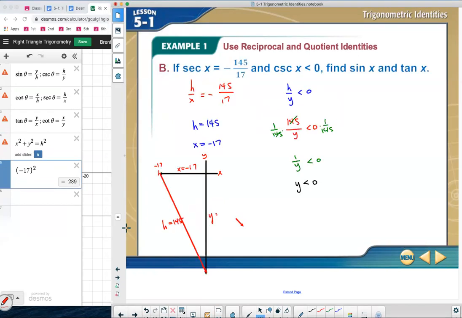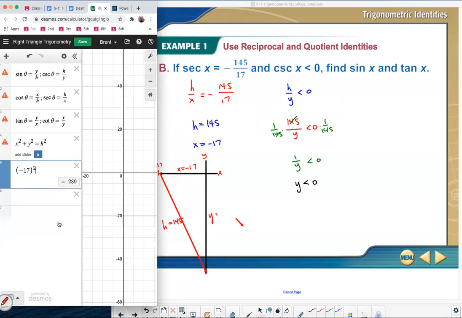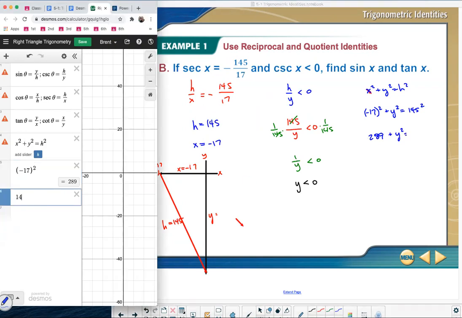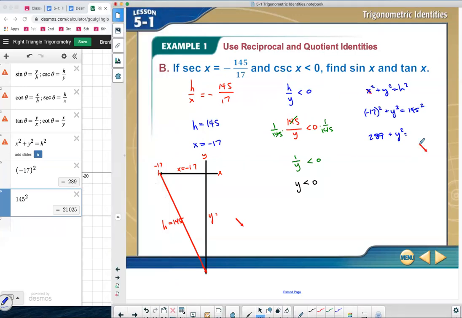I get 289. Actually, let me write this down. So we're doing Pythagorean Theorem. X squared plus y squared equals h squared. So the x, negative 17 squared. We don't know y. We do know h. We just got 289 here. 145 squared, let's see what that is. 21,025, wow, what a large number.